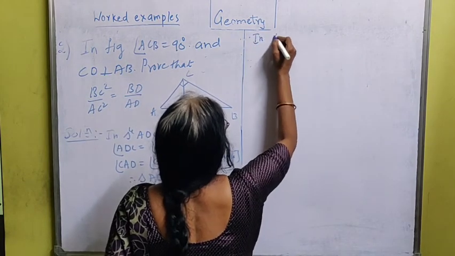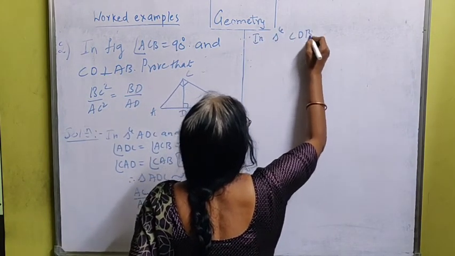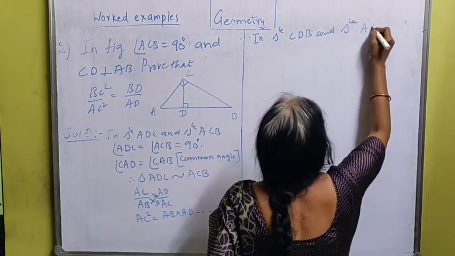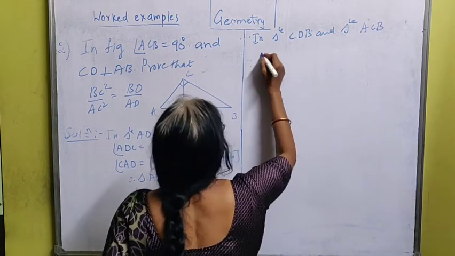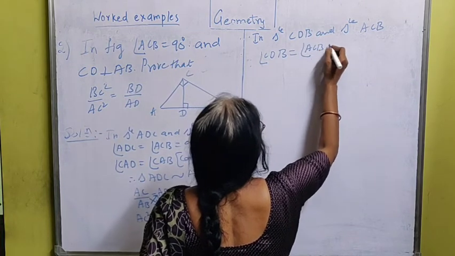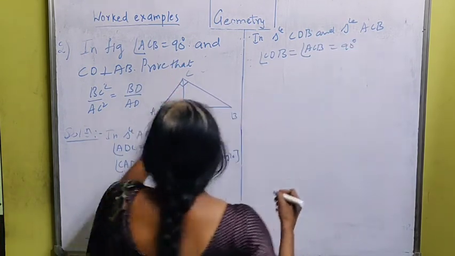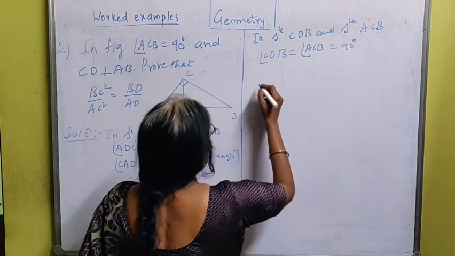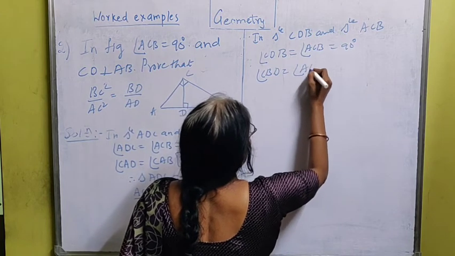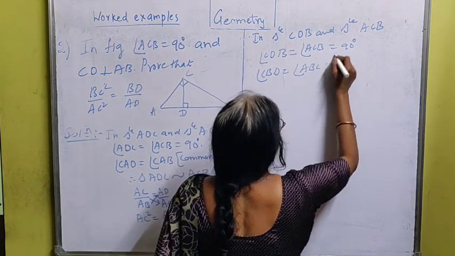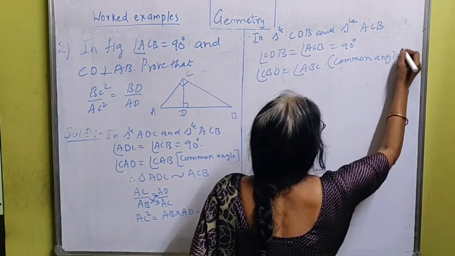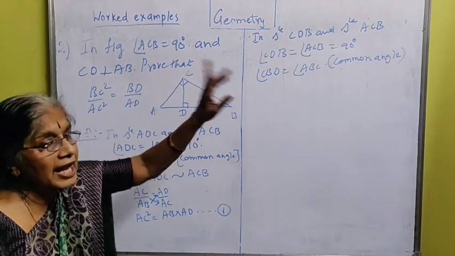In triangle CDB and triangle ACB, once again, angle CDB is equal to angle ACB is equal to 90 degree because CD is perpendicular to AB. And here angle B is common. So angle CBD is equal to angle ABC, what is the reason? Common angle. Very important. So what happened? The two triangles became similar.